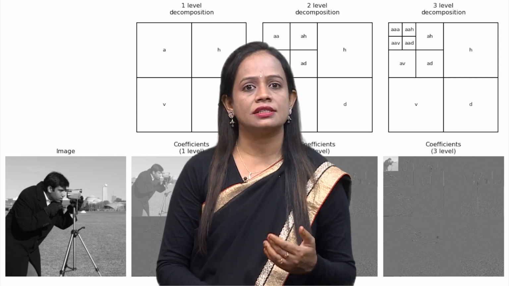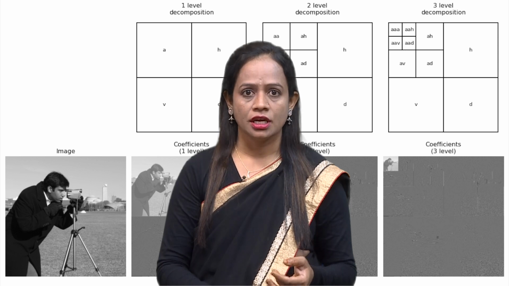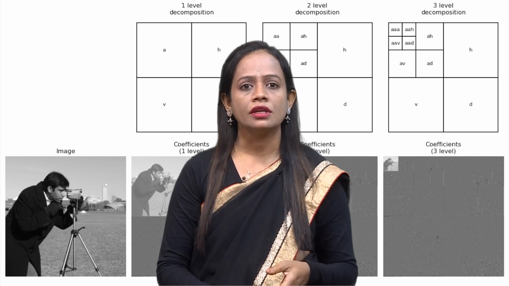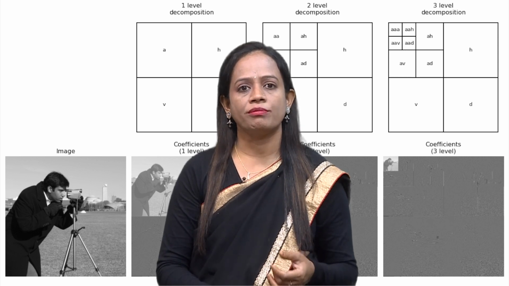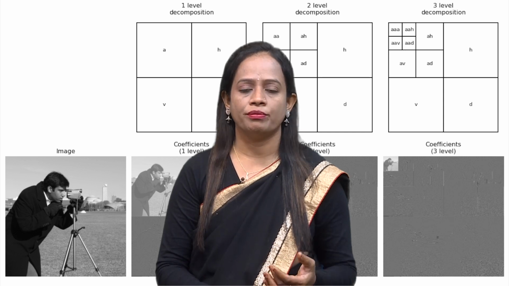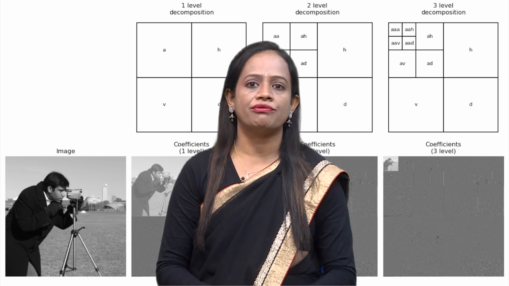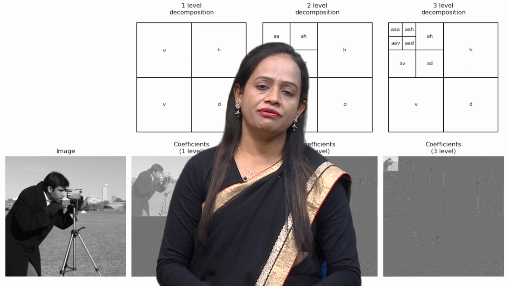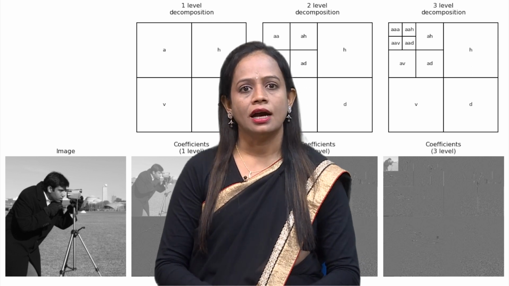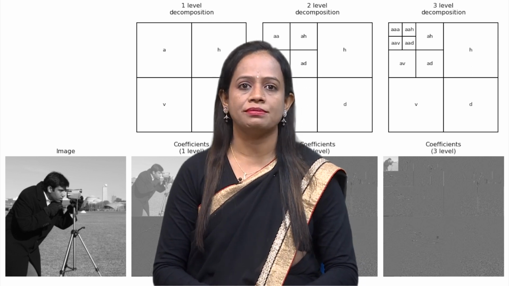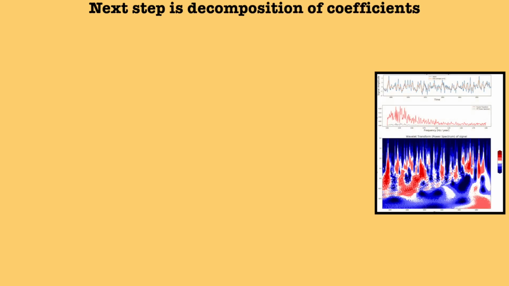Wavelet filters are mathematical functions used to analyze and transform data in the wavelet domain. The different types of wavelet filters have different properties and are suited for different types of signal processing tasks. The next step is decomposition of coefficient 2.